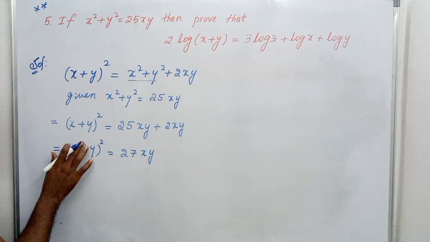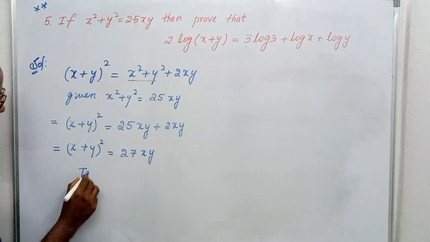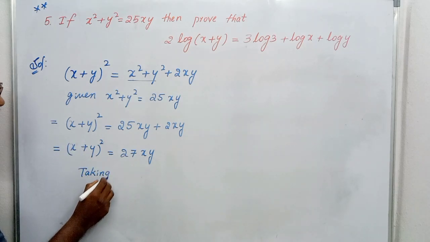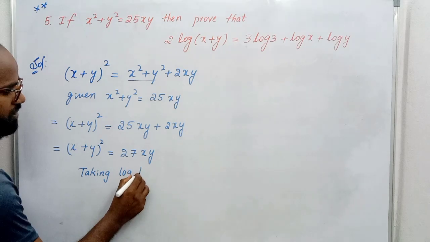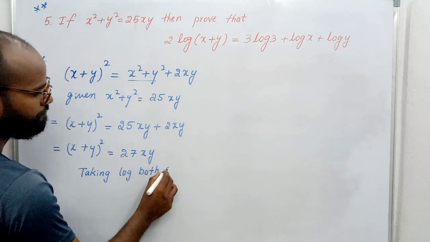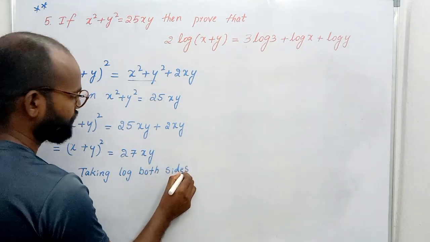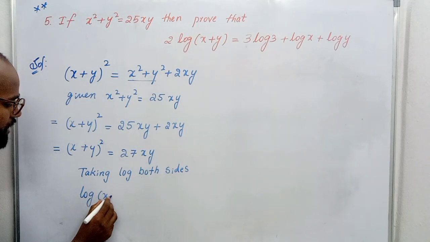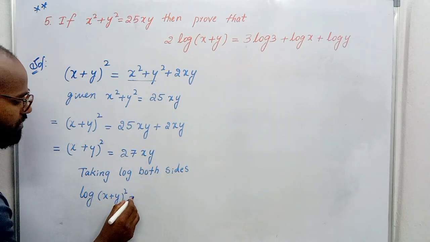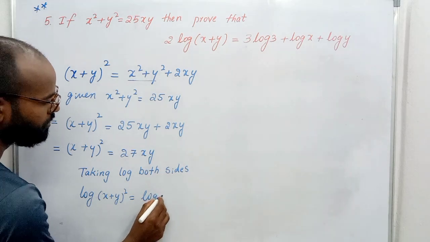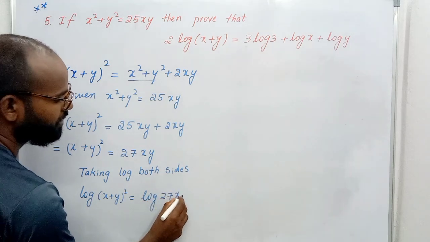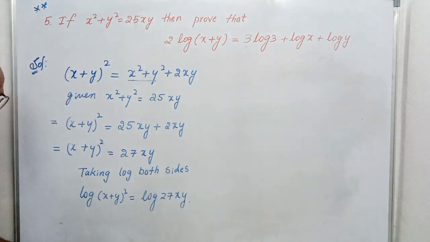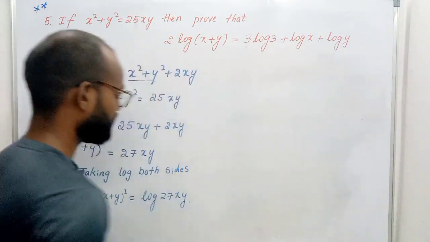Now taking log on both sides, log of x plus y whole square equals log 27xy.